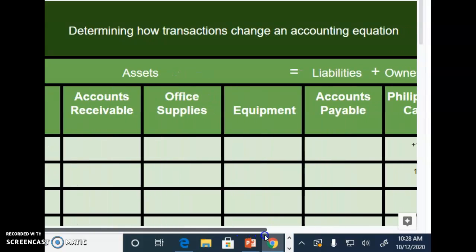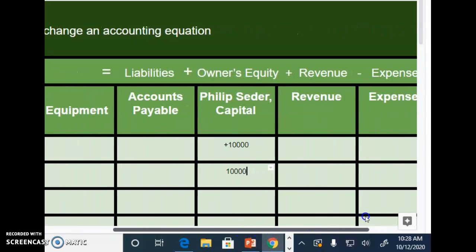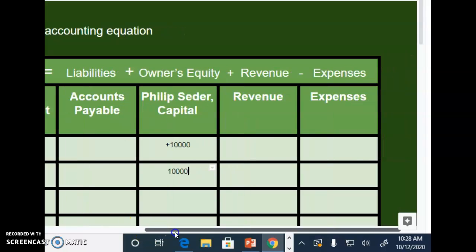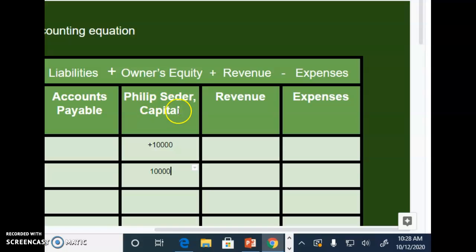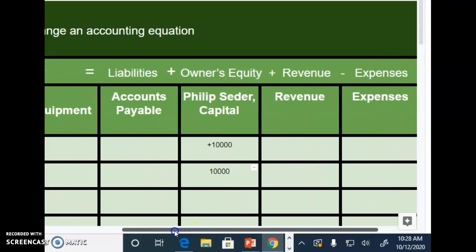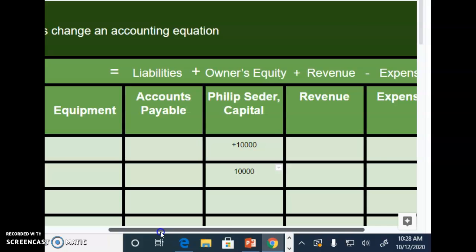The other accounts you'll use, you will have a liability account of accounts payable, and remember that's a debt. You will have your capital account, Philip Cedar Capital, and you have revenue and expenses. And you have to remember that after every transaction, you keep your account in balance.